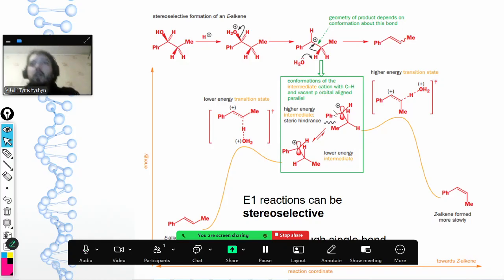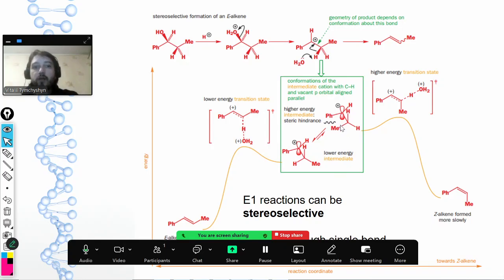So these are conformations of the intermediate cation with the C-H and vacant pi orbital aligned parallel. Here you have a higher energy intermediate, and here you have a lower energy intermediate. That depends on the steric hindrance and so on.